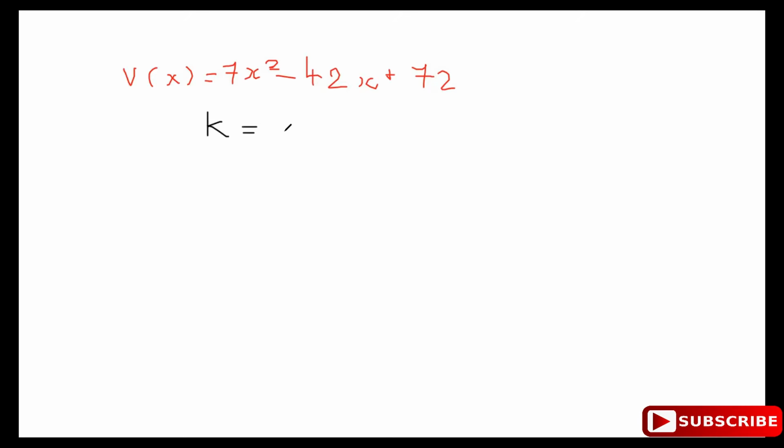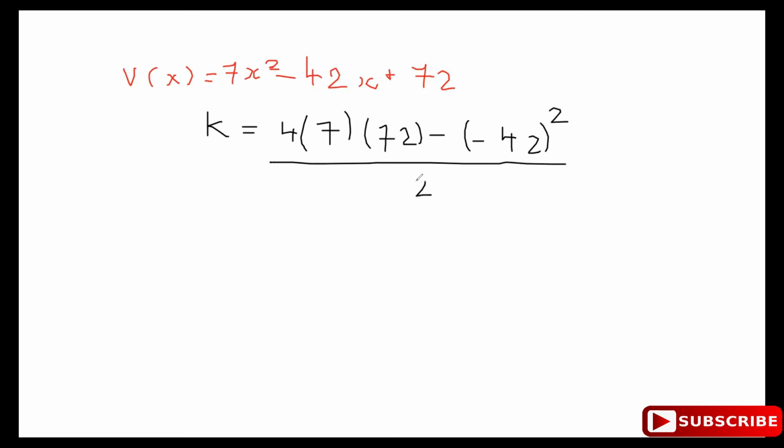So it's 4 times a times c, which is 4 times 7 times 72, minus b squared, which is minus 42 squared, over 4 times a, which is 4 times 7, which is 28.